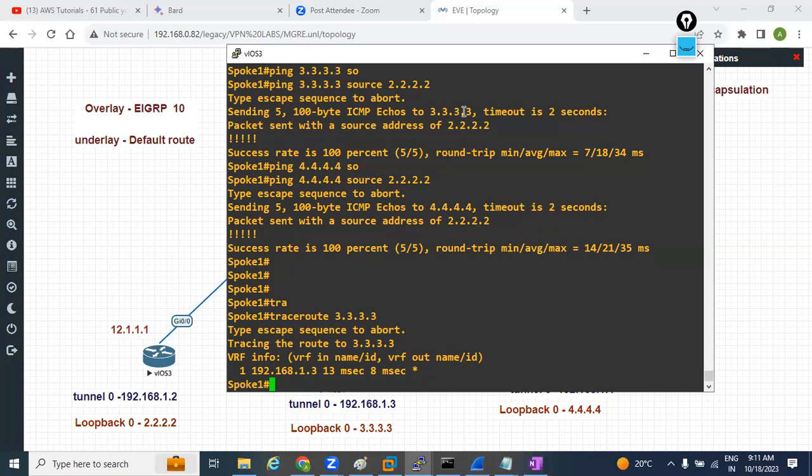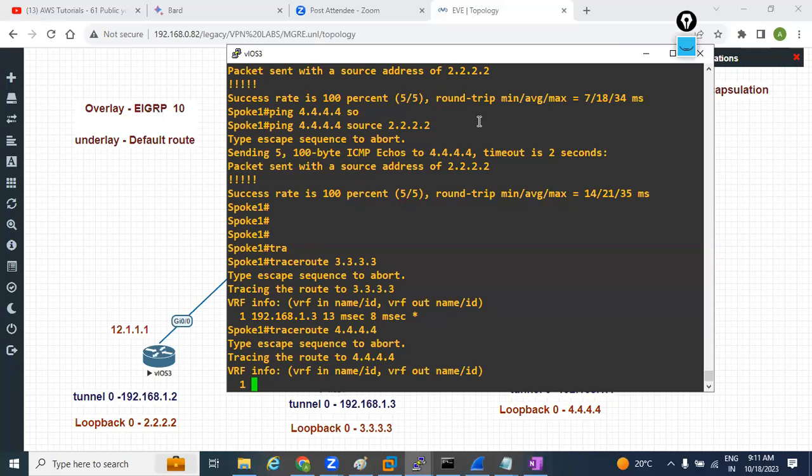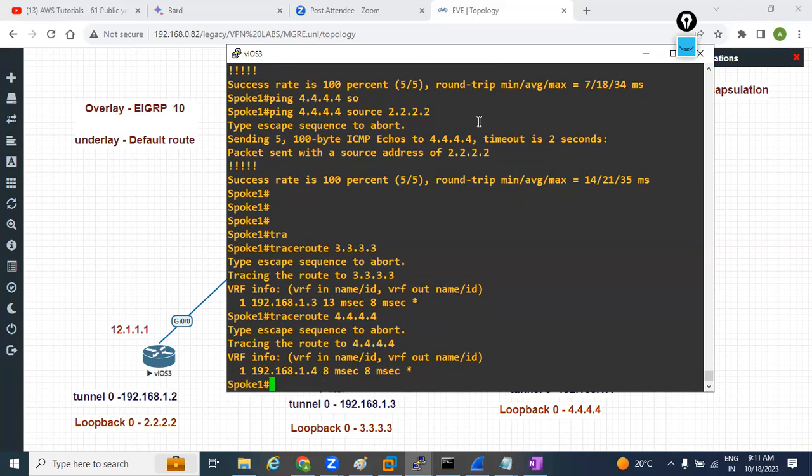One dot directly. And now if I trace route to 4.4.4.4, instead of going via the hub, it's now direct communication between spoke to spoke.